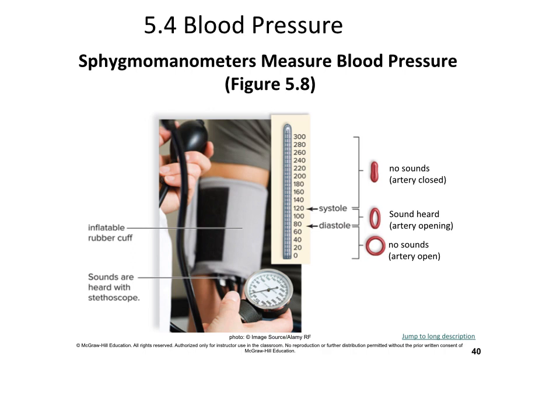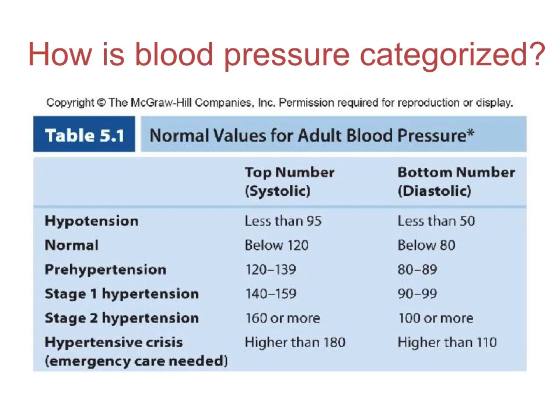So let's go over those numbers. Here's a chart that gives you the breakdown of categories of normal blood pressure, and pressure that's too high and too low. Doctors know this by heart. I don't expect you to memorize all of these numbers. I just would like you to know what normal blood pressure is, the range, and what we call it if it's above normal and below normal.